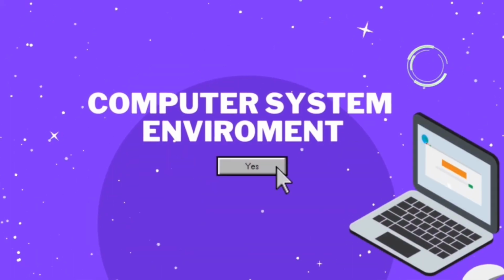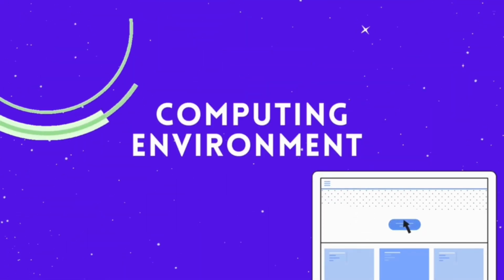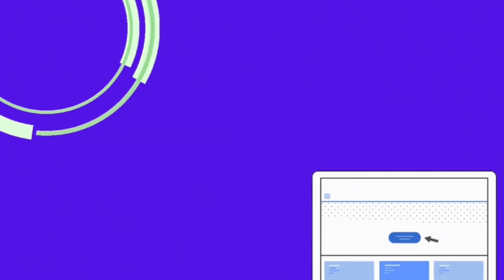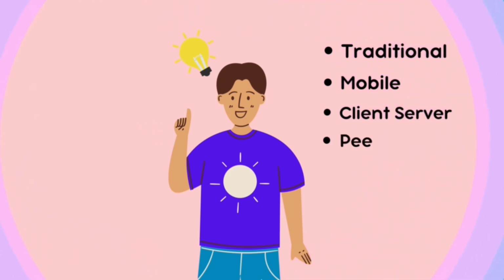Next, we move to computer system environment. Computing environment consists of traditional, mobile, client-server, peer-to-peer, cloud computing, and also real-time embedded.